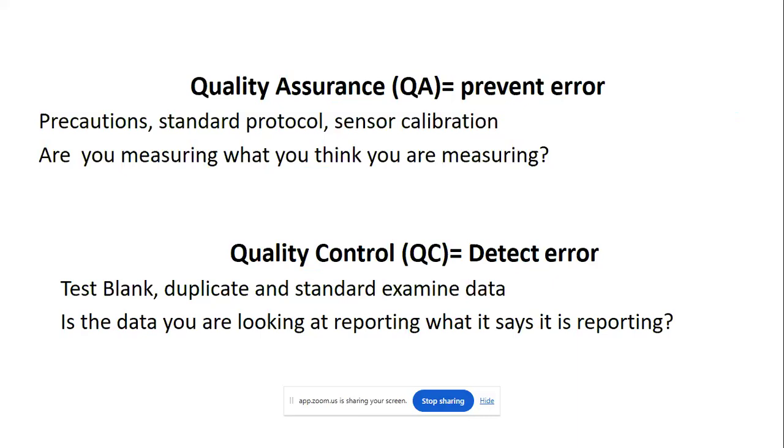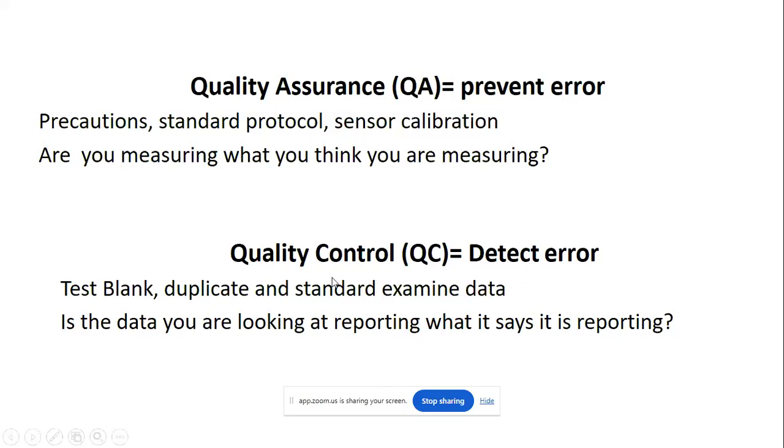So quality assurance prevents error because you have all the procedures in place. Even when a doctor performs an operation, there is a process you follow, A, B, C, D, so there are very limited chances of mistakes, right?